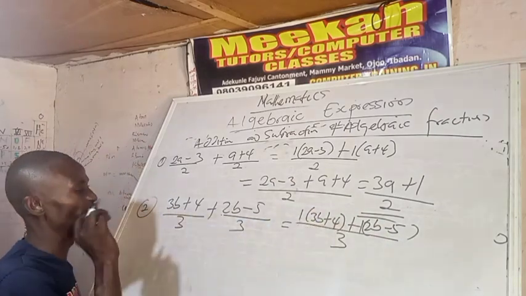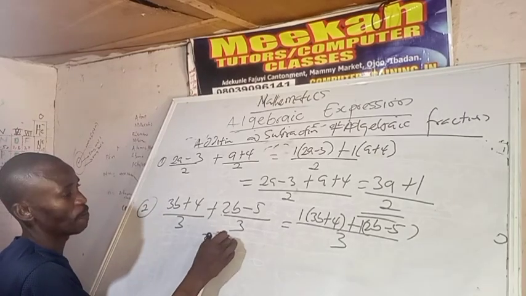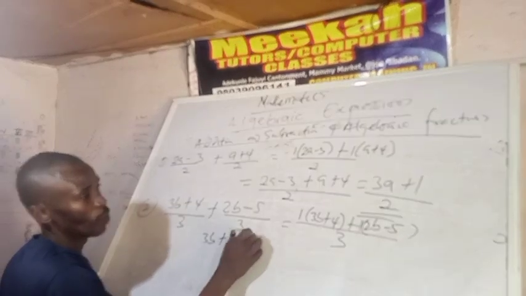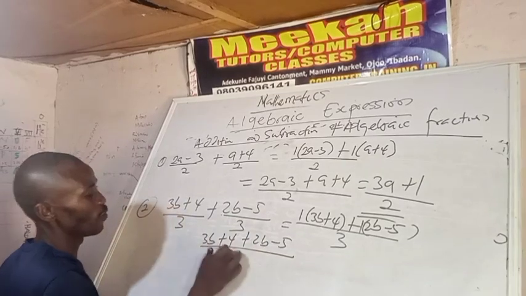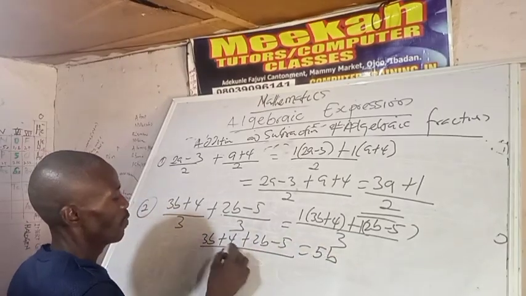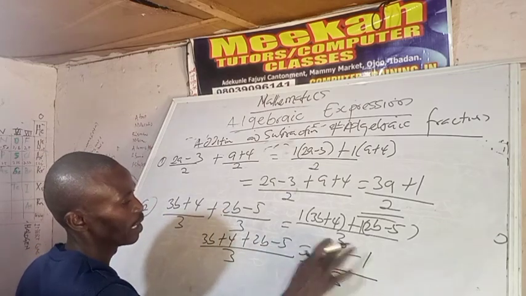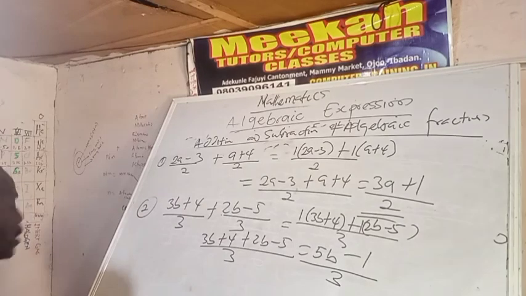So if I open this one, what do you have here? 1 times this, you are going to have 3b plus 4 plus 2b minus 5 over 3. 3b plus, what do you have? 5b. We have 4 minus 1 over 3. I am done with the answer. You submit.